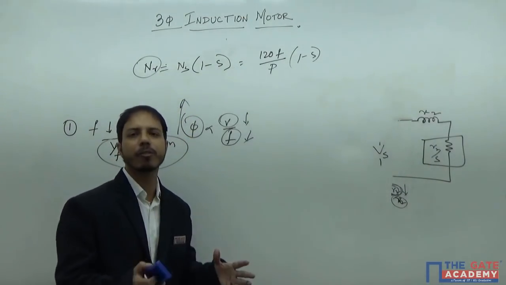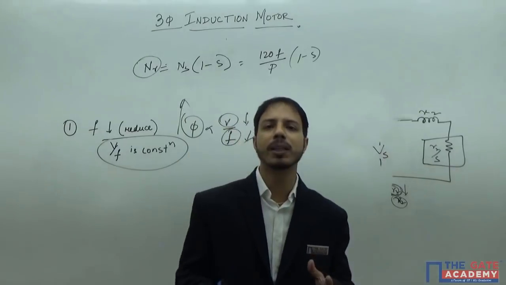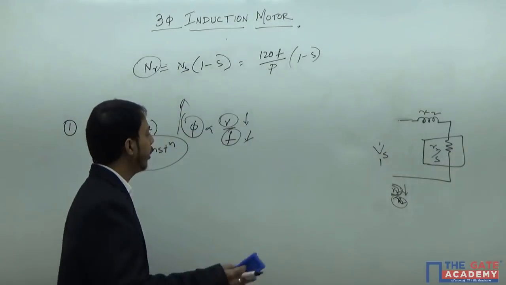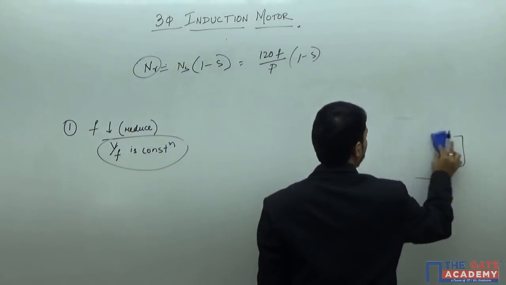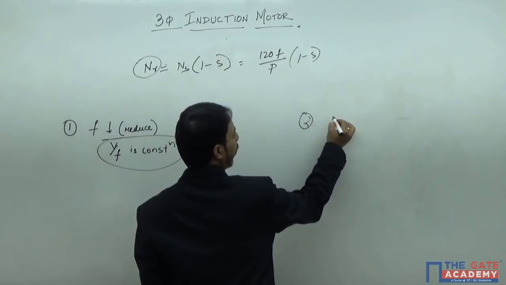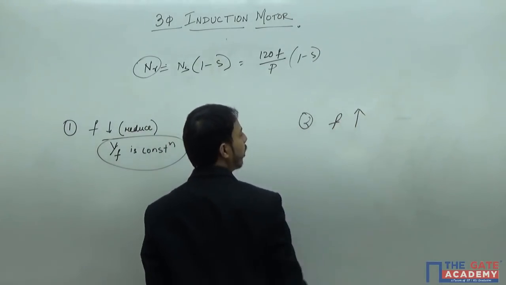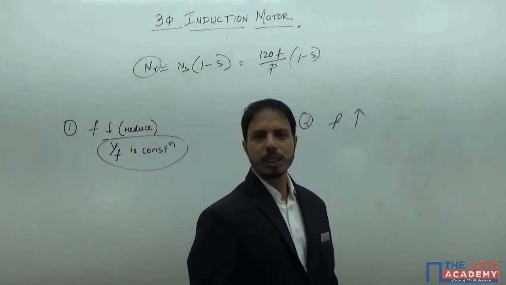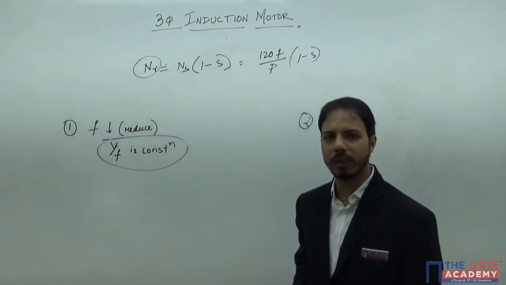Or in other words, the V by F constant or V by F control method is nothing but for reduced frequency. Similarly, the second method is frequency increase. If I increase my frequency, what will happen? My flux will reduce. If my flux reduces, I don't have any problem.